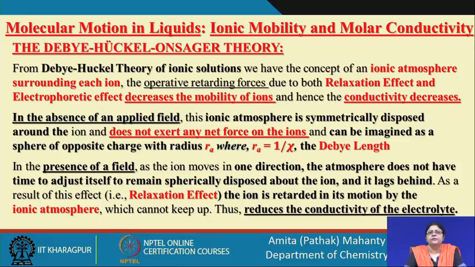Now, what are the things which are going to increase or decrease the electrophoretic effect which we see in a particular ion? So, we have a central ion surrounded by counter ions. What happens when we have an electric field and when we do not have an electric field, and how each of them is going to affect the relaxation effect and the electrophoretic effect?